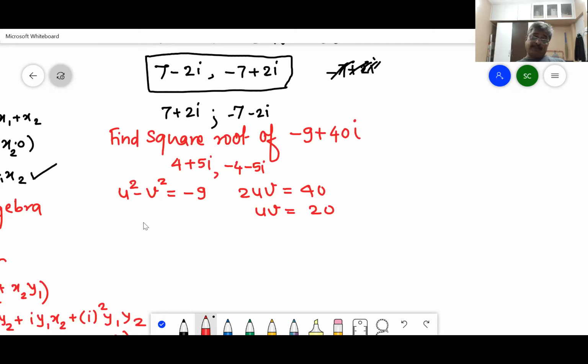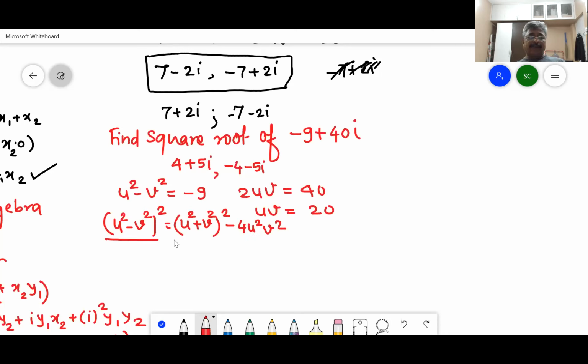So the square of u square minus v square is equal to the square of u square plus v square minus 4 u square v square. This identity we have to use because we are interested in knowing what is u square plus v square, and we know what is u square into v square.